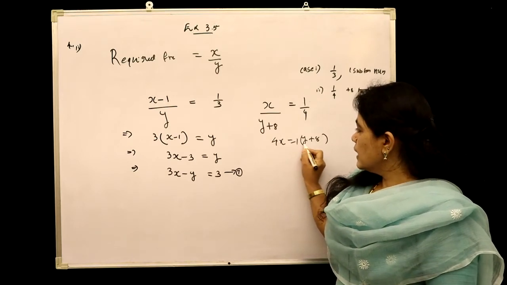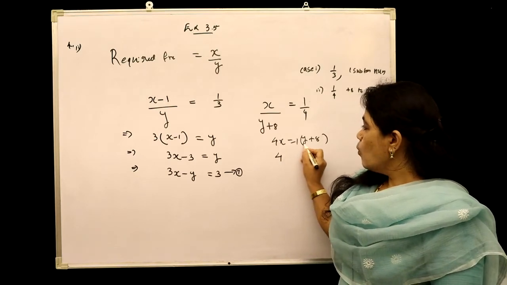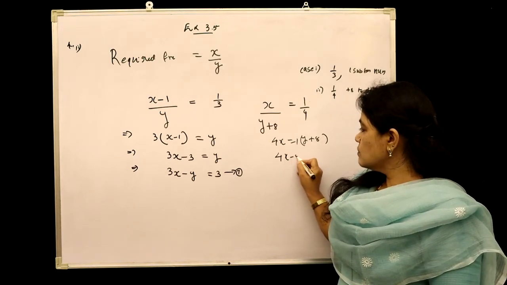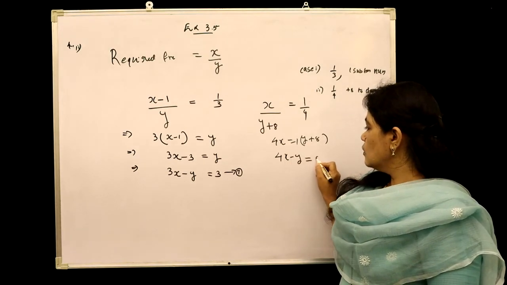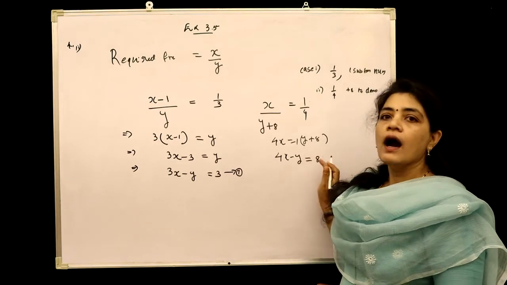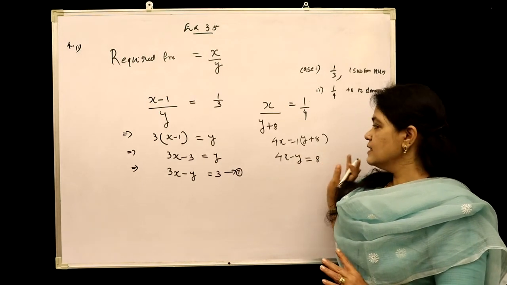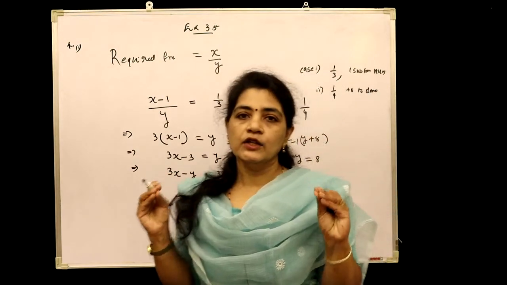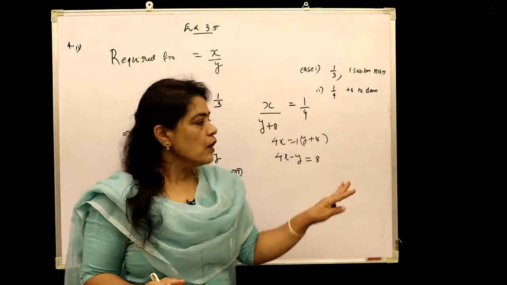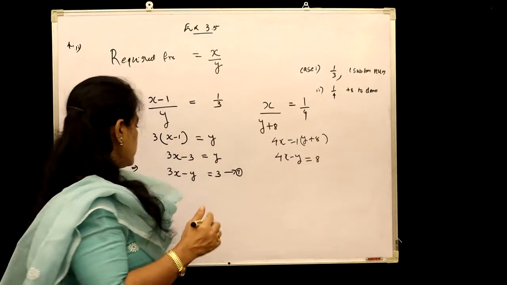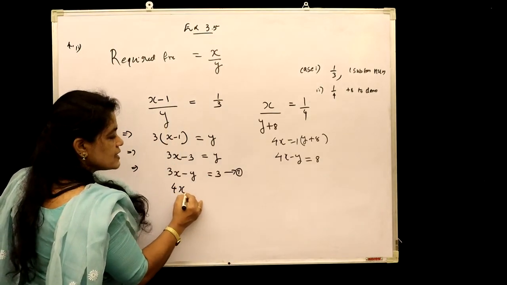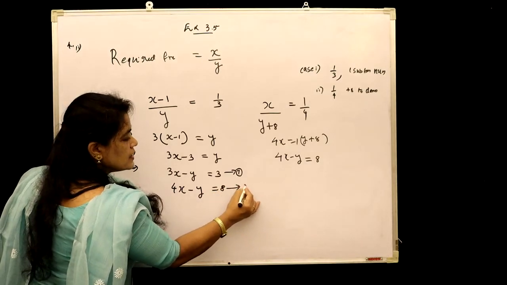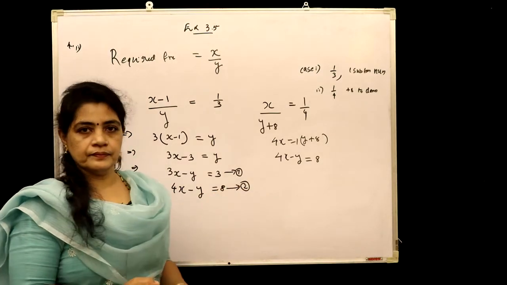That means we can take this y from RHS to LHS, that is 4x minus y is equal to 8. 8 is in the RHS, 1 into 8 is here. I have taken the variable, that is plus y into minus y. So we now have the second equation as 4x minus y is equal to 8. That can be marked as equation number 2.